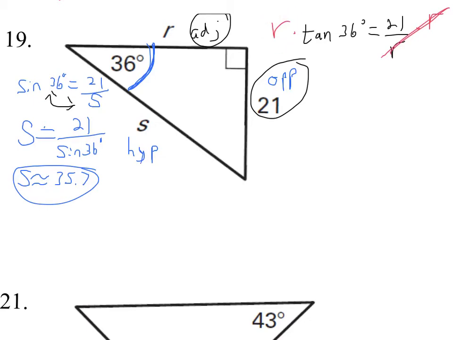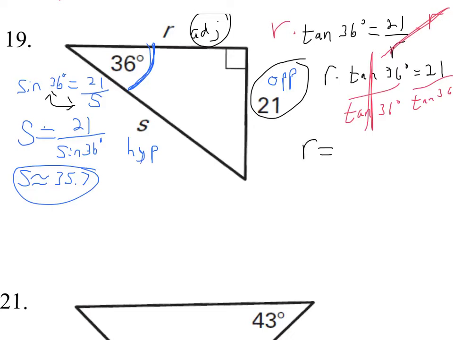All right, so I'm going to rewrite that. I would then have r times tangent 36 degrees equals 21. Now, to get the r by itself, you would need to divide by tangent 36 on both sides. And that way, on the left side, that will cancel. And so you are left with r equals 21 over tangent 36.